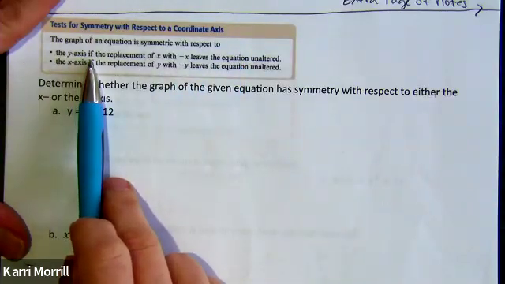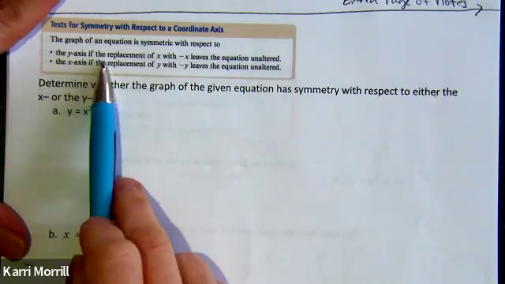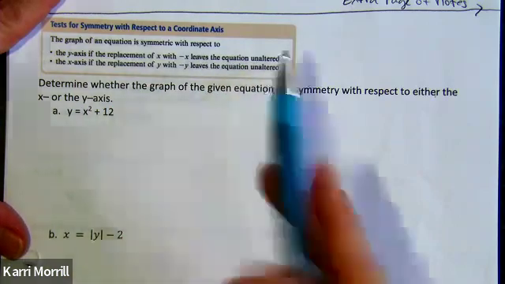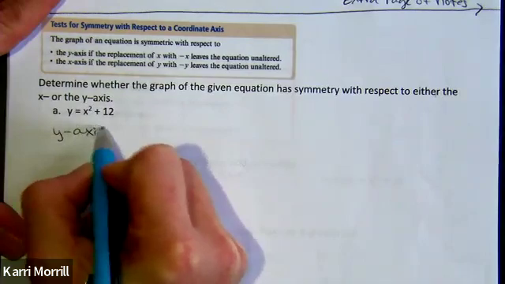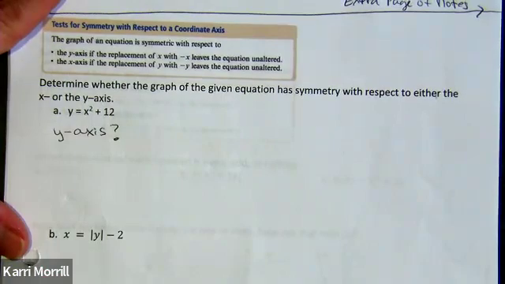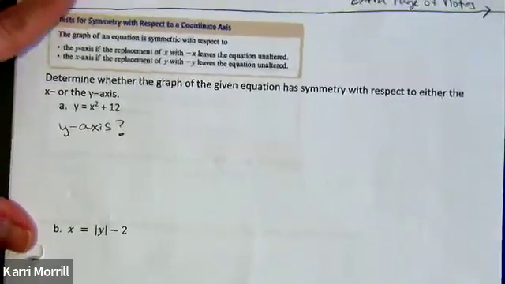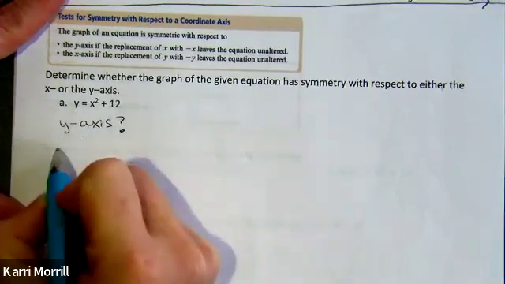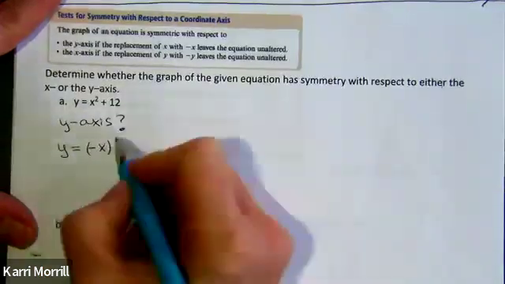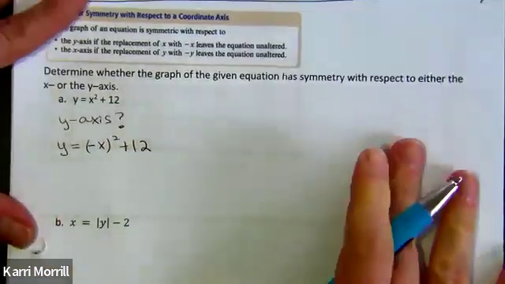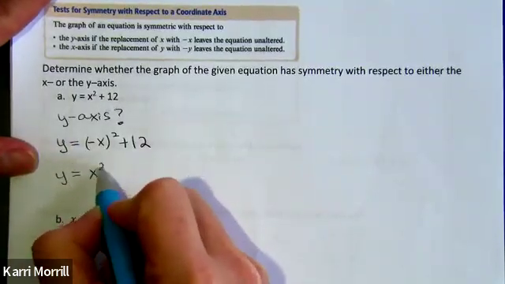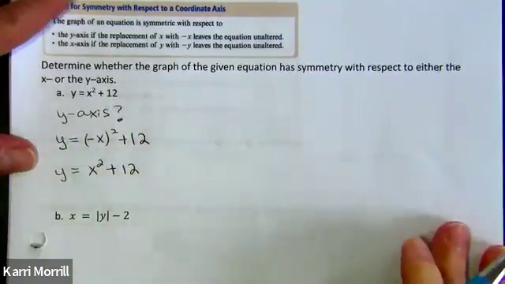So the y-axis, it's in respect to the y. If when you replace the x with a negative, it leaves the equation unaltered. So what this means is, let's just show you. If I'm testing whether this equation is symmetric in respect to the y-axis, I keep the y the same, and I change my x variable to a negative, and then I simplify it, meaning a negative times a negative would still really be a positive x squared plus 12.